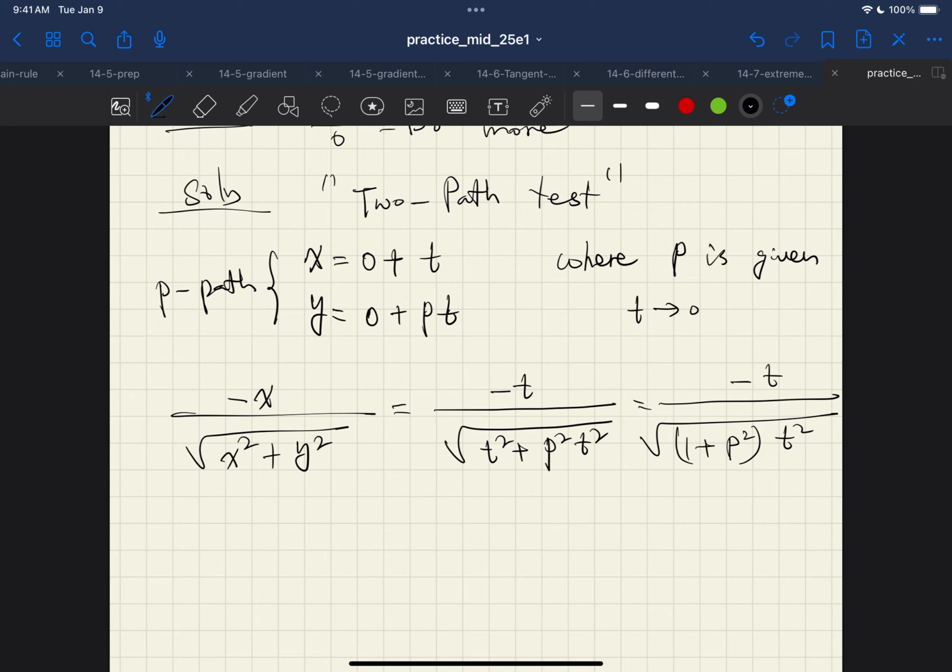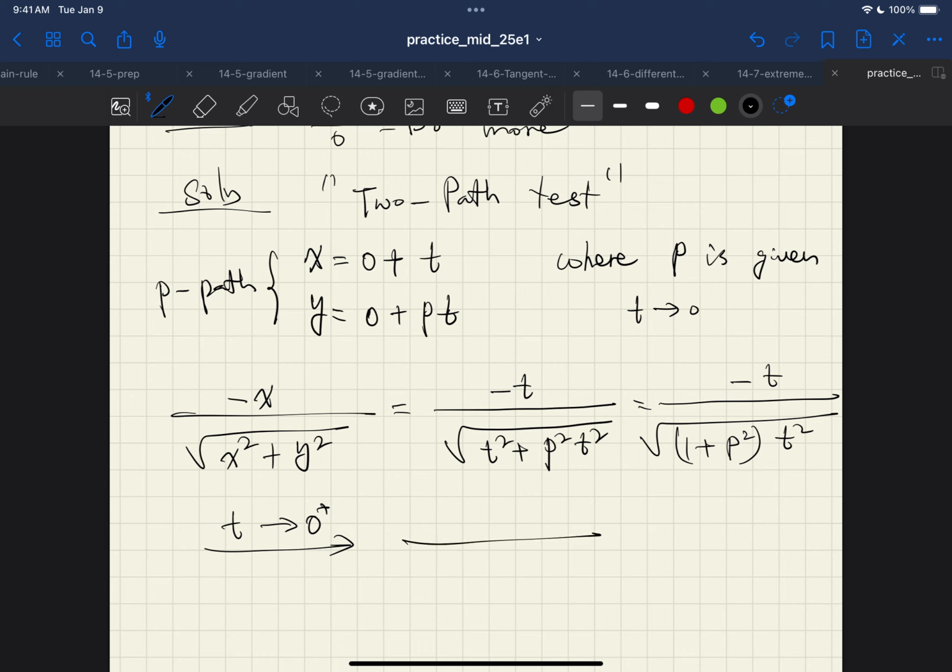So we want to make t go to 0 plus. In other words, t is going to 0 from the positive side, which makes sure t is a positive number.